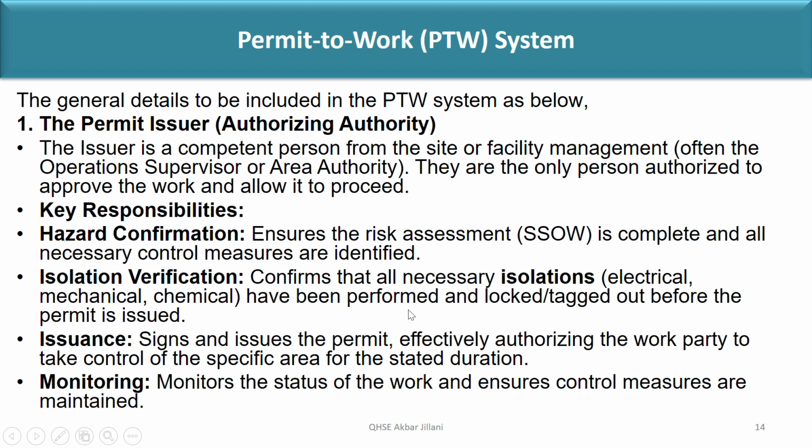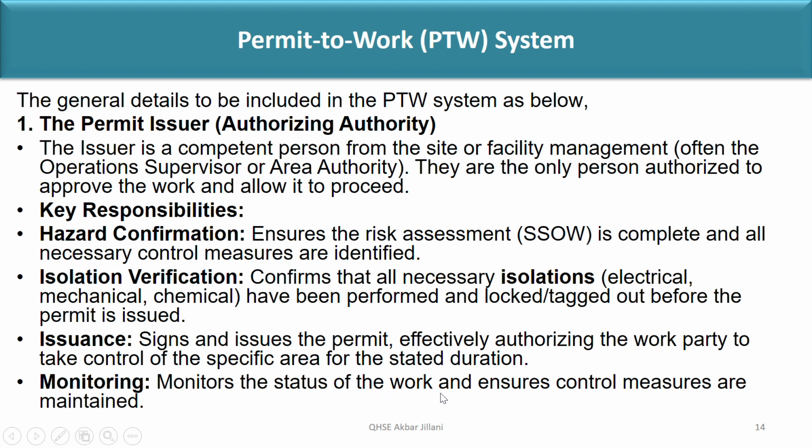Isolation verification: confirm that all necessary isolations, electrical, mechanical, chemical, have been performed and locked and tagged out before the permit is issued. Permit issuance: sign and issue the permit, effectively authorizing the work party to take control of the specific area for the stated duration.